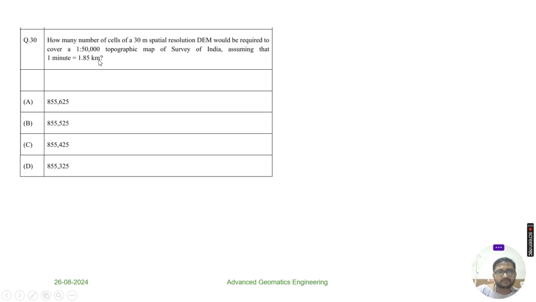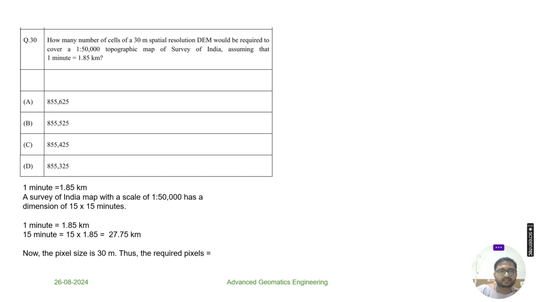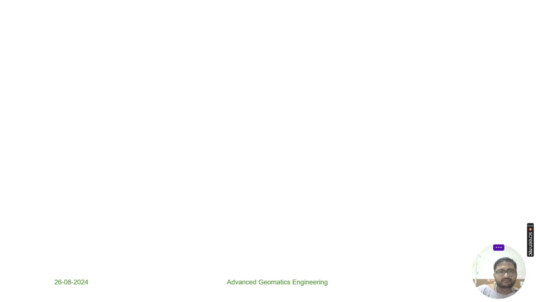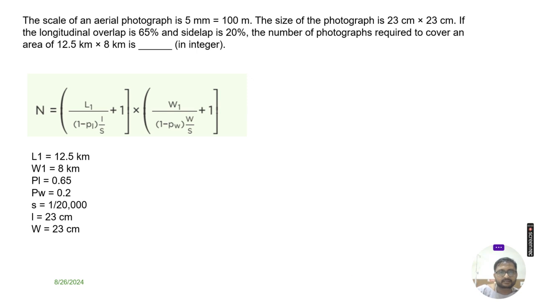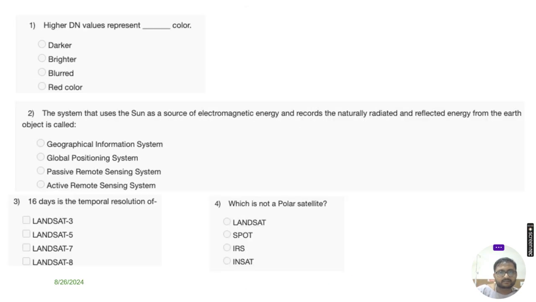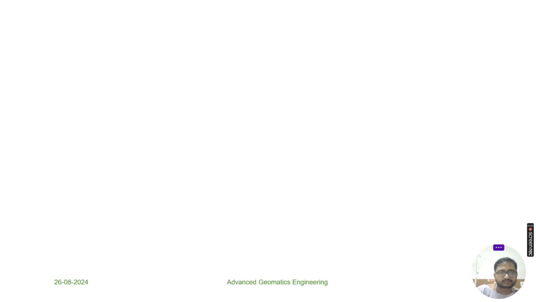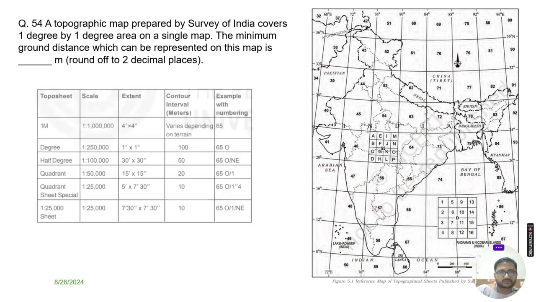So first of all, we have to find out, as we learned earlier in the map discussion, that if we have the 1 to 50,000 map scale, then it will cover the area of 15 minute by 15 minute.